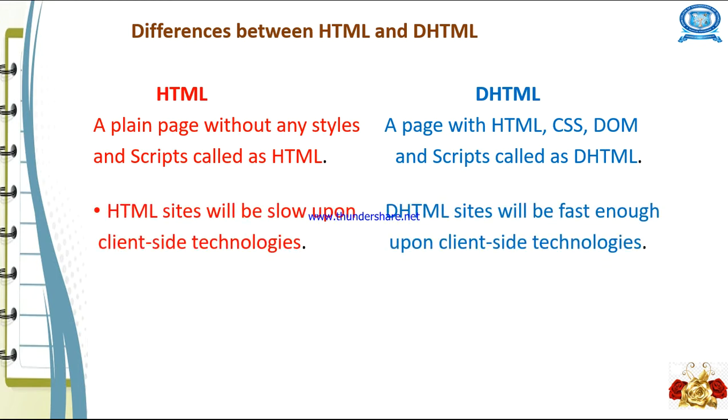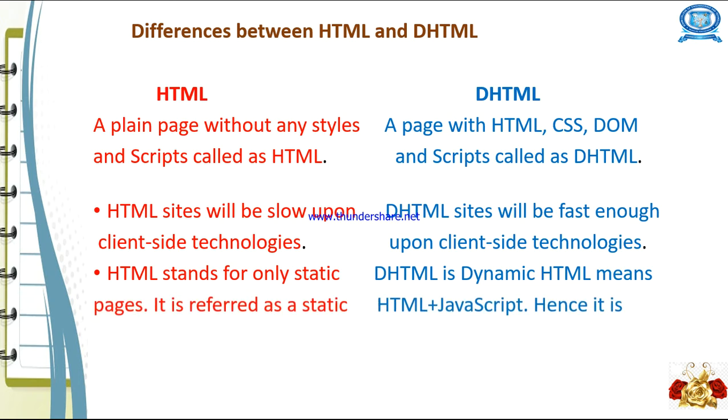Another difference: an HTML site will be slow upon client-side technology. It is very slow in HTML, while a DHTML site will be fast enough upon client-side technology. Compared to HTML, DHTML is very fast. Next, the third difference: HTML stands for only static pages.